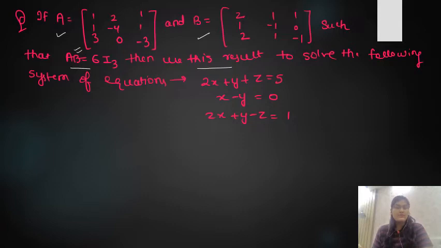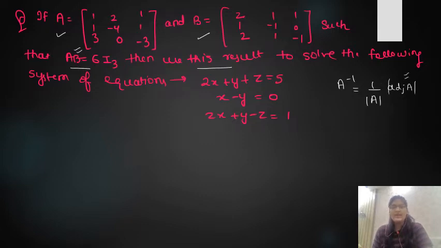So first of all, let me tell you that for the matrix inversion method, initially you have to find out A inverse, okay? So here we will see how we will solve it, but let me tell you about the concept. How you calculate A inverse, you can check other videos out. I have already cleared this to all of you, that A inverse is 1 upon A determinant times adjoint A, okay?